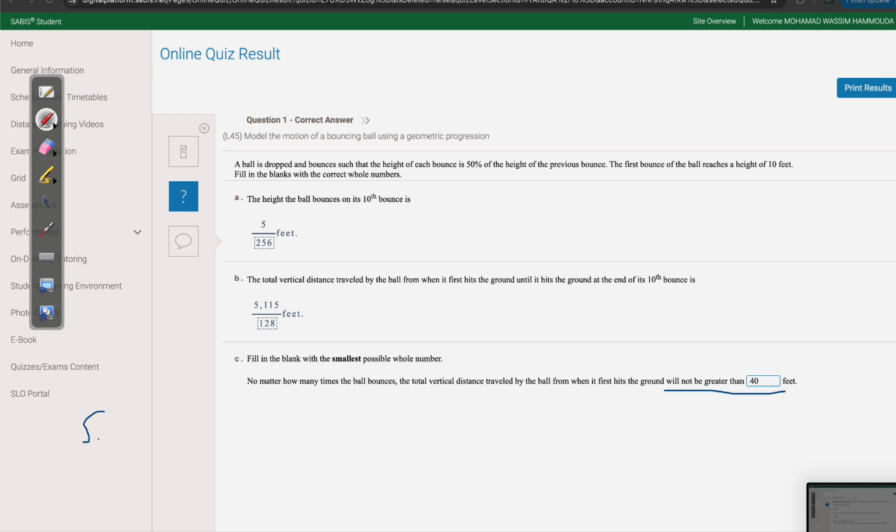The sum to infinity is equal to a1 over 1 minus r, simply. So 10 over 1 minus 0.5, which is 0.5, you'll get 20.